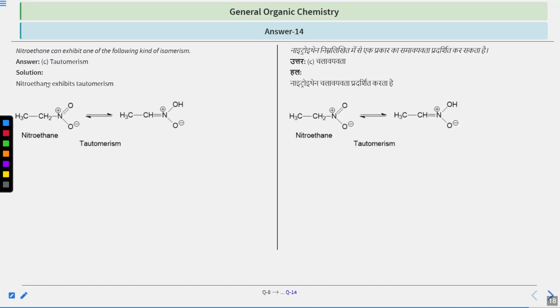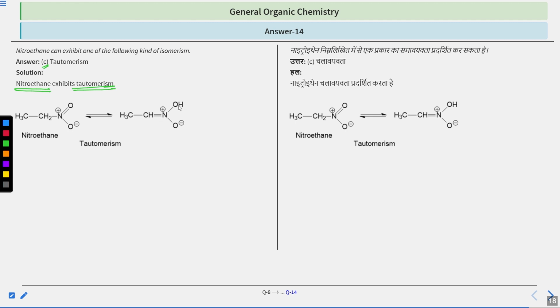Let's see. So the correct answer is option C, that is tautomerism. Nitroethane exhibits tautomerism. You can see that this is nitroethane: the ethyl group, that means CH3CH2, and NO2 is attached to the ethyl group. It undergoes the tautomerism process, forming a double bond between nitrogen and carbon, and an OH single bond with the nitrogen.